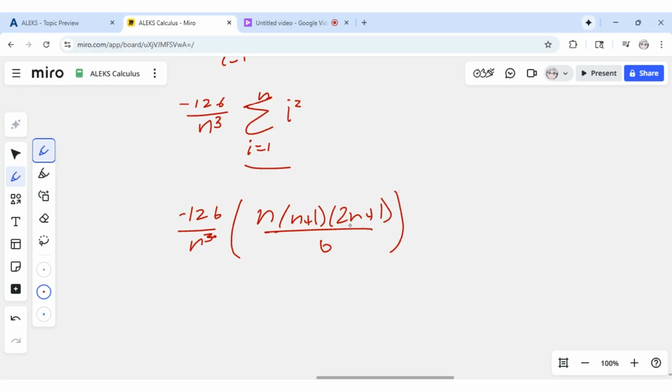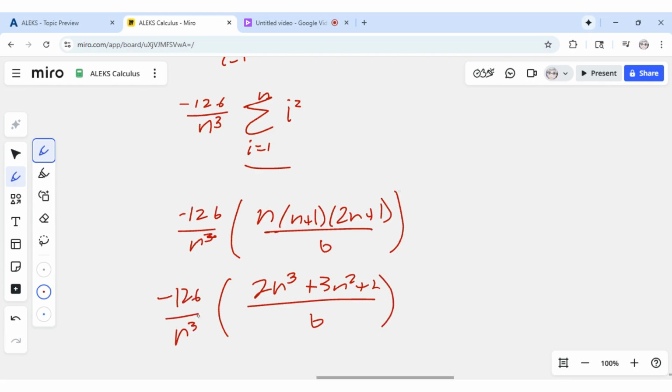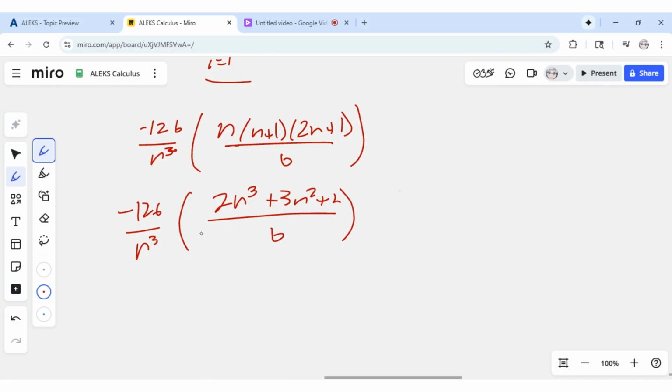Let's see, let's multiply that out. I'm going to save time here: we get 2n cubed plus 3n squared plus n over 6. If you don't believe that's the case, go ahead and take the time to do that on your own. Negative 126 over n cubed. And now we're going to multiply and divide by 6.